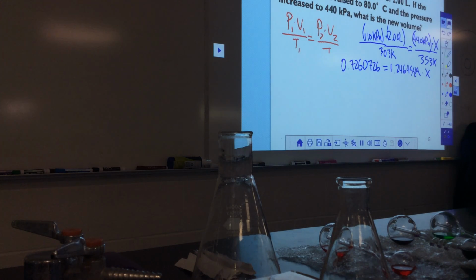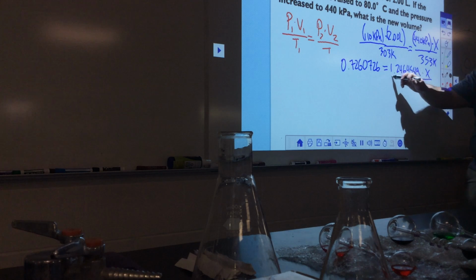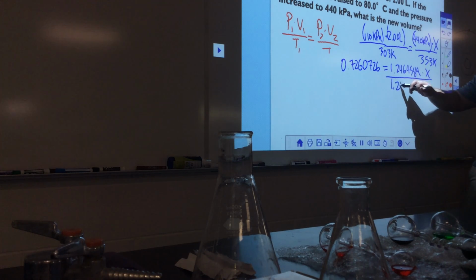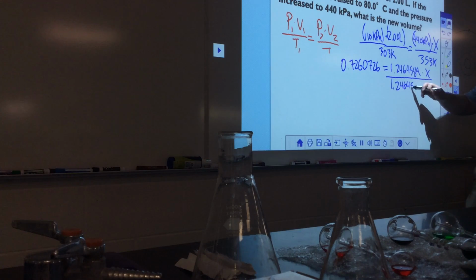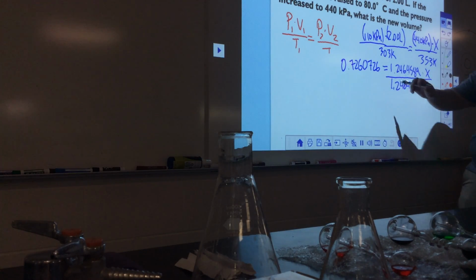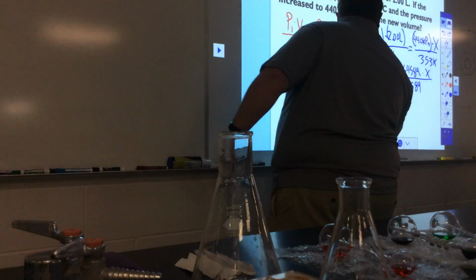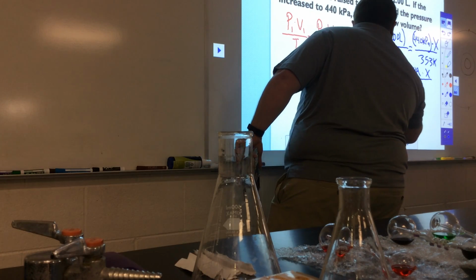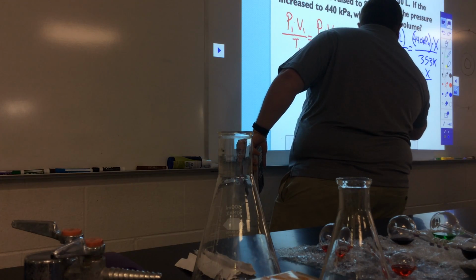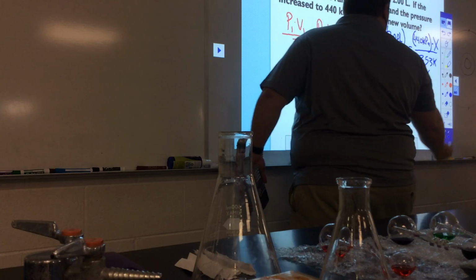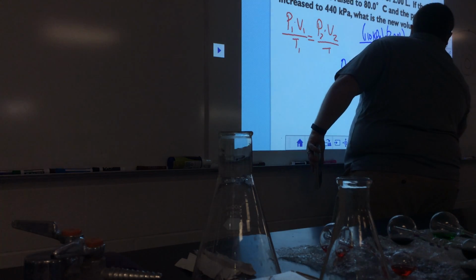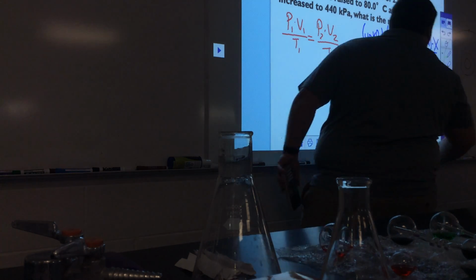So that's just doing what we have on each side. Now to get x by itself, I'm going to divide both sides by that number, 1.2464589. This makes it go away on this side, so the only thing that's left is x.